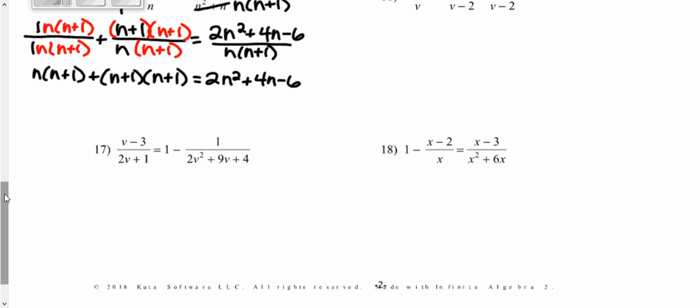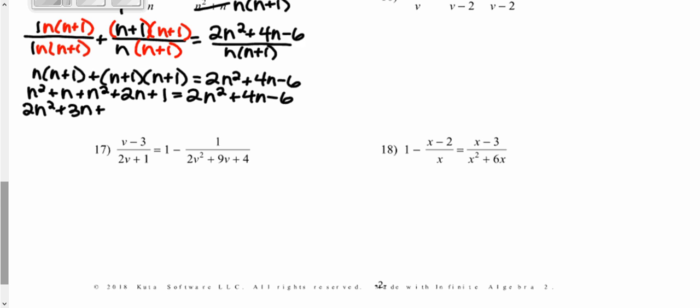So now I'm going to solve this. So I'm going to distribute the n, so n squared plus n. And then if you multiply together n plus 1 times n plus 1, you get n squared plus 2n plus 1, still equal to 2n squared plus 4n minus 6. Combining like terms over here on the left, that would give me 2n squared plus 3n plus 1.